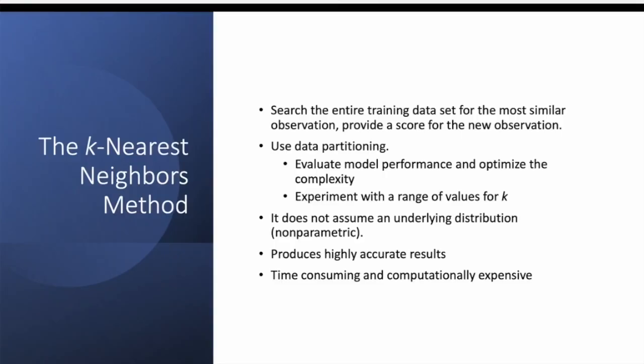It is simple, but at the same time it produces highly accurate results. Because the KNN searches the entire training data set for the closest neighbors, the process can be, as we said before, time-consuming and computationally intensive, especially when you have a large amount of data.